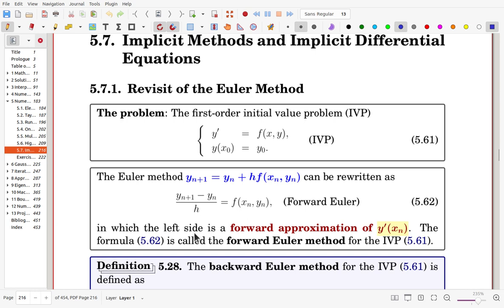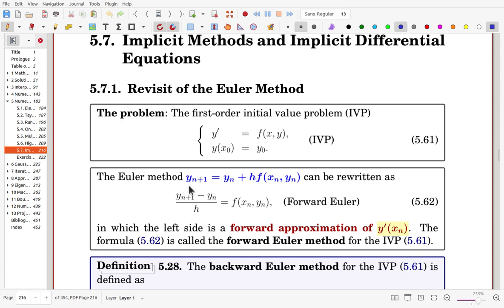The left-hand side is a forward approximation of y prime at xn. Now, on the right side, the base level is xn, so from the equation the left-hand side must be y prime at xn.